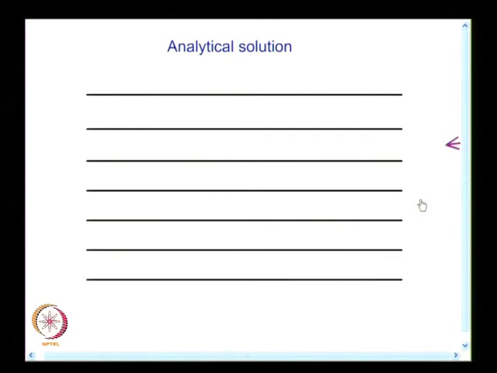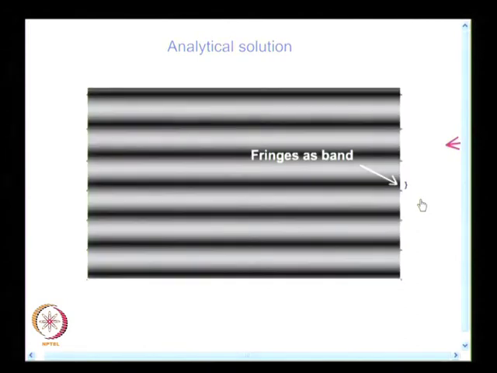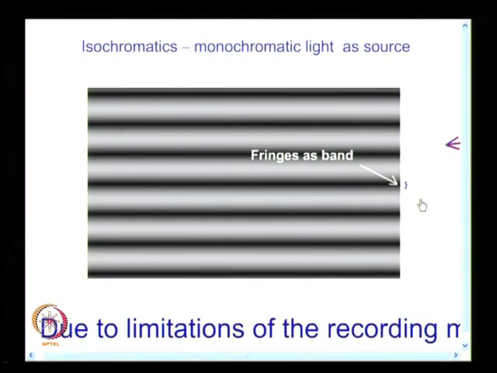Now what I do is, I take a model, put it in an optical setup and find out what the contours look like. I do not get straight lines as thin as possible, I get only a band, essentially straight bands. So, this result matches with what you have seen in the analytical solution with a difference.